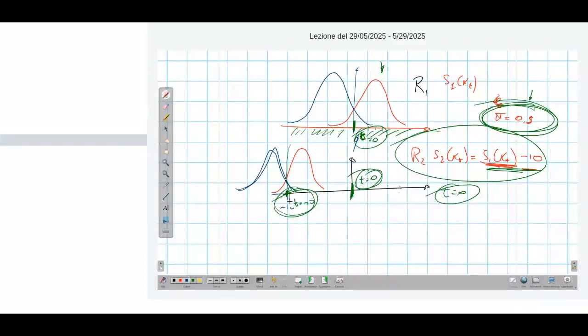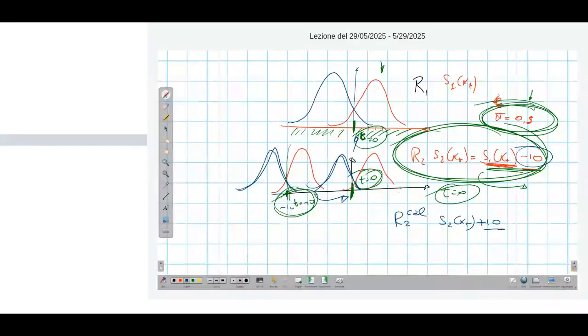So the idea here is, can we find a way to map back these scores? If we are able to understand that this model was removing 10 from all the scores, we could compensate and build a calibrated recognizer 2 which takes the score provided by the model and adds 10.